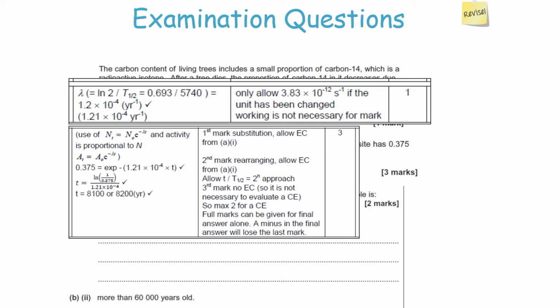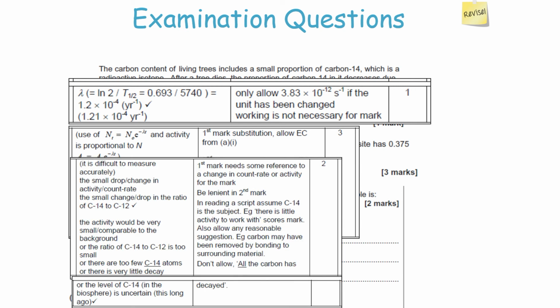Now for the next question, it's very important you know the limitations of radioactive decay dating for very young objects, and then the very much more ancient objects. So why would it be difficult for less than 200 years old? Well, it's because there wouldn't be a great change in activity, because there's not been much change in how quickly the decay is happening, because it's not even carried out a half-life yet.